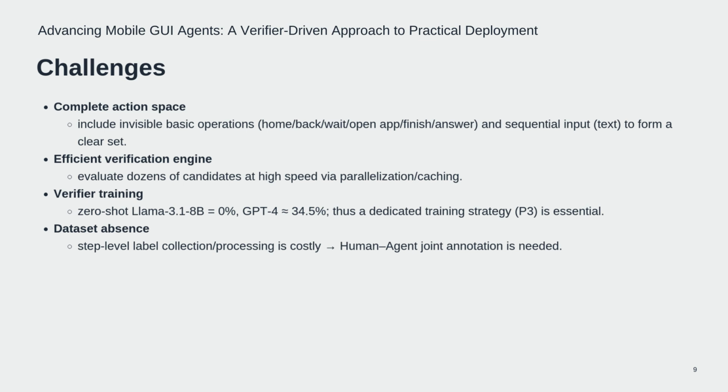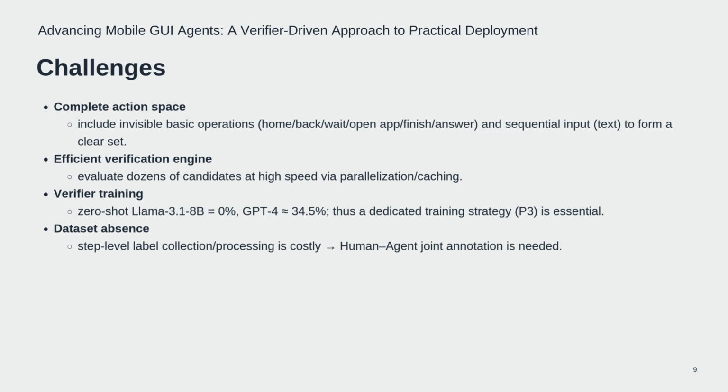Fourth, dataset absence. To train such a verifier, they require a large number of examples of correct and incorrect actions at various steps, essentially a dataset of state, candidate action, and labels, correct or not. There was no existing dataset at the scale or granularity they needed. Manually labeling the correct action at each step in thousands of task trajectories would be prohibitively time consuming.